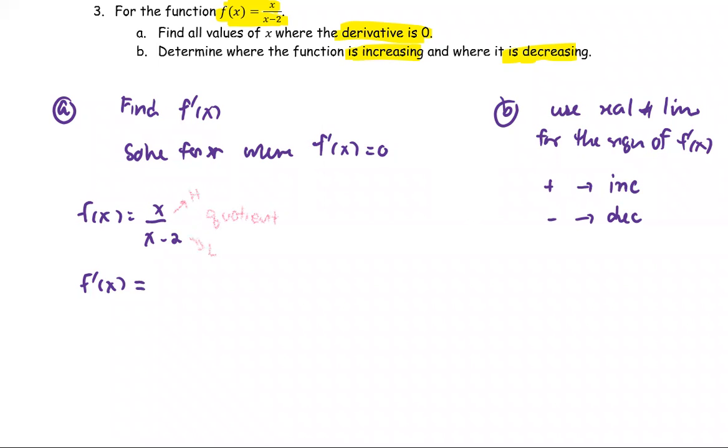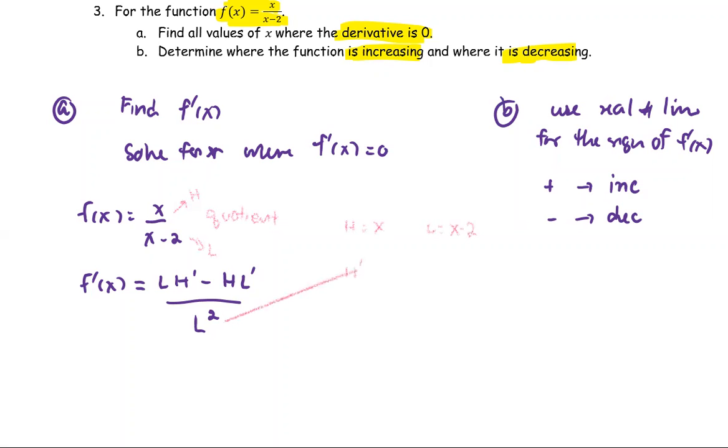The formula for the quotient rule is low d high minus high d low, draw the line, low squared. In our case, the high is x, the low is x minus 2.